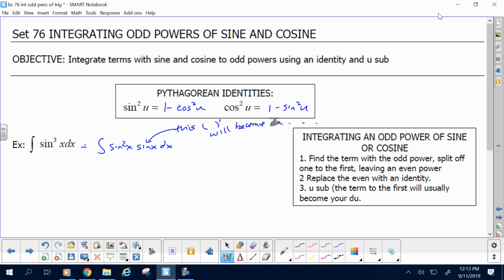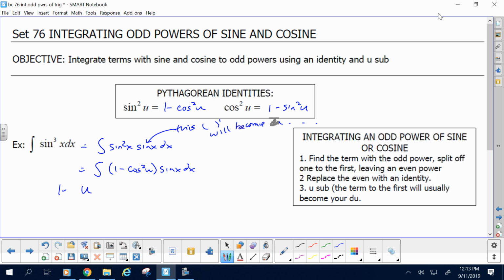If that's going to be your du, then you should change the rest to something u-ish. And if the derivative is sine, then the original function probably needs to be cosine. So you replace sine squared with 1 minus cosine squared.